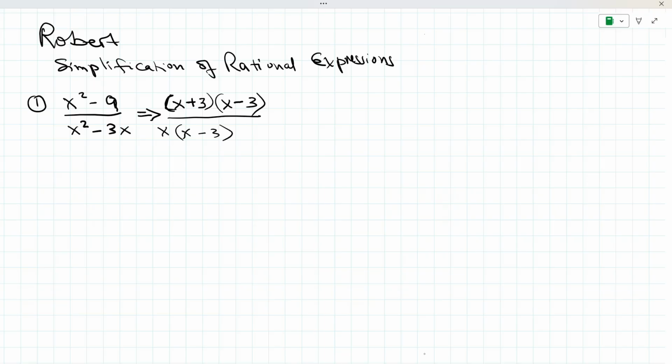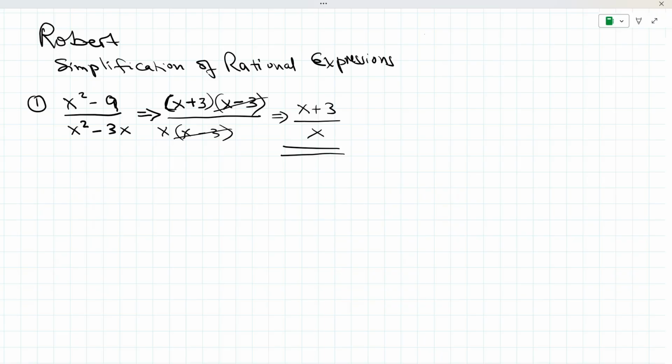So clearly, you can now see that we are ready for simplifying this expression further. At the top, we have x minus 3, and at the bottom, we also have x minus 3. So this expression then becomes finally x plus 3 divided by x. And that will be our final answer.